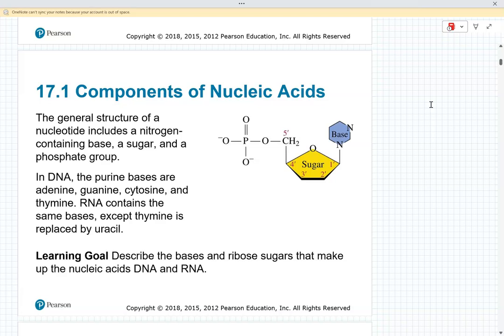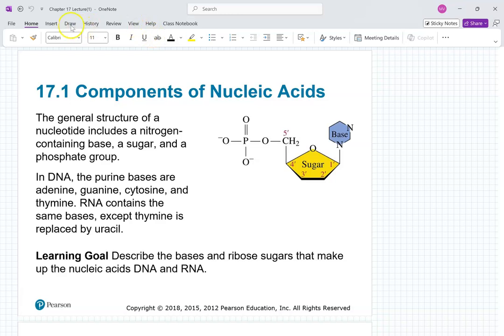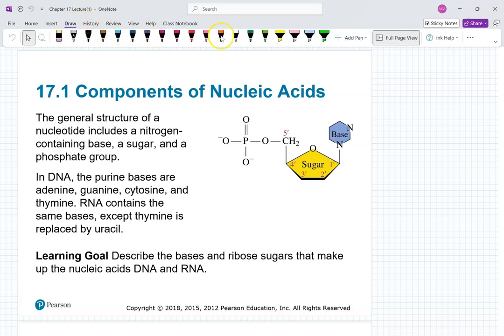And first we're going to learn about the individual building blocks that make them up. The individual building block of any nucleic acid is a nucleotide.